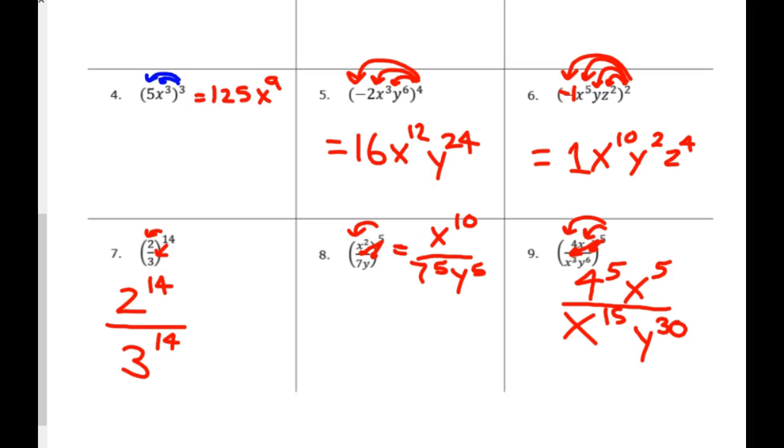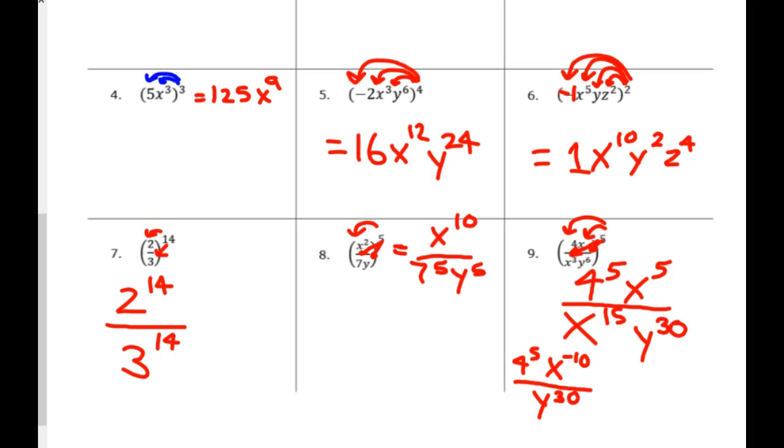That answer is okay, but it's not simplified. You cannot have x on top and bottom. What do we usually do with these powers when there's an x on top and bottom? Subtract when we're dividing. What's 5 minus 15? Who said 10? x to the negative 10.